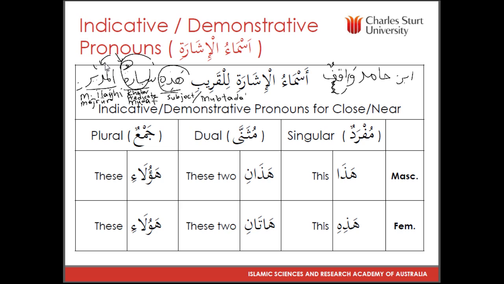So whose iron is this basically? We are not talking about a person, it is iron. Whose iron is this? That's right. Hadihi li-Khalid. Li is a preposition, that's why the ending is with kasra. It is for Khalid.